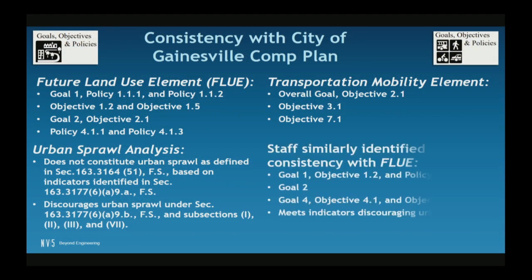We've identified policies within the City of Gainesville's comprehensive plan, goals, objectives, and policies that these applications are consistent with, as well as this state urban sprawl analysis. And staff has similarly identified policies with which these applications are consistent.